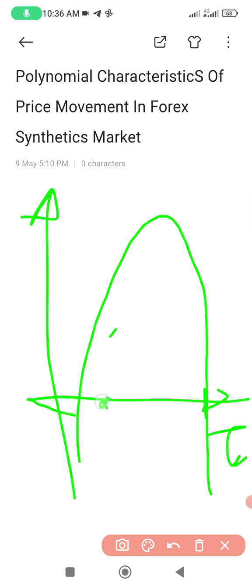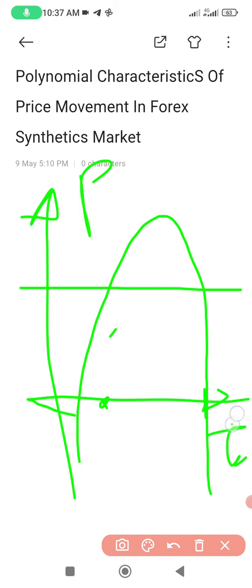For two times, we can have one price like this. This is price, this is time axis. So we have T1 and T2. These are two different times for the same price.